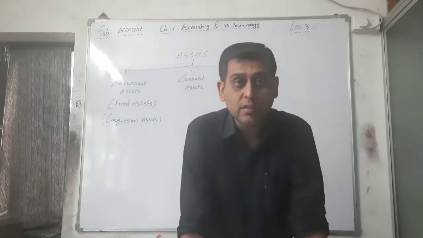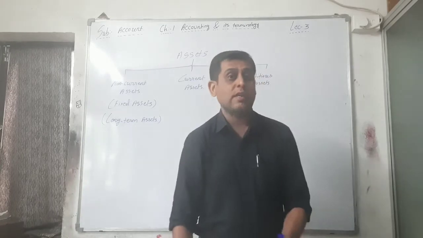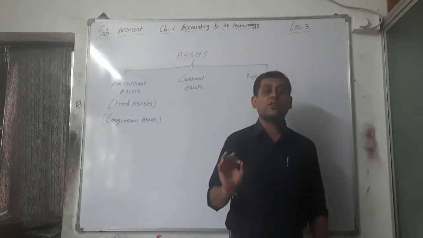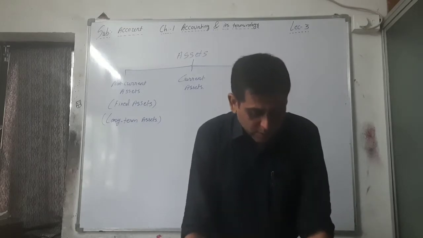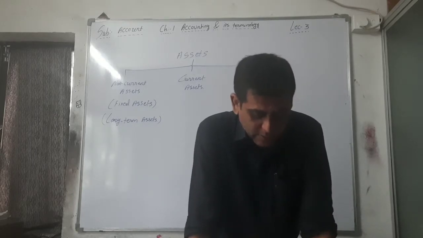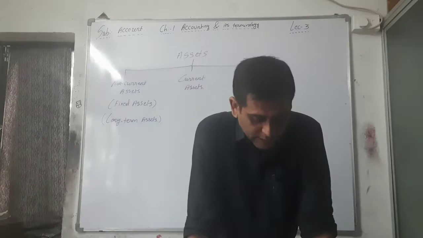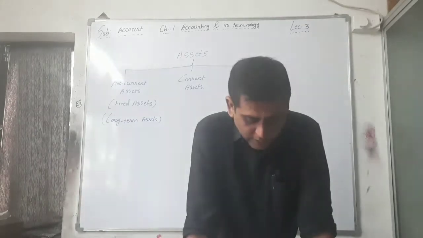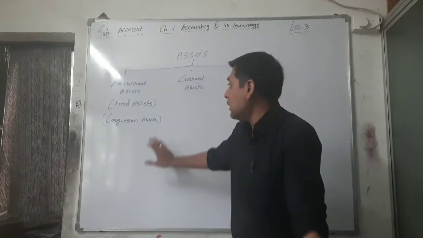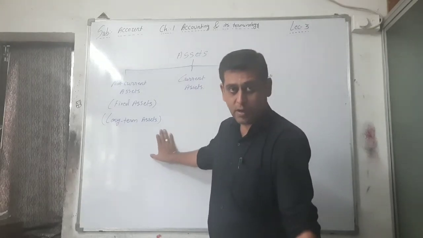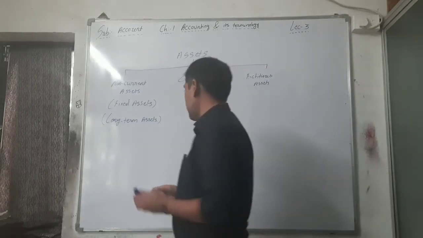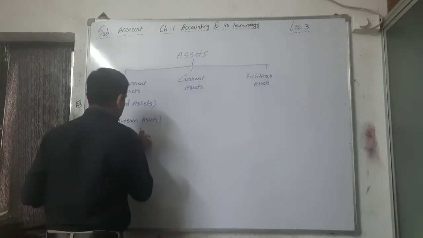We can see them, that means the assets which have physical existence are called tangible assets. Tangible assets can be seen and touched. Tangible assets are a subcategory of non-current assets. See, in the non-current assets there are two kinds. First one is tangible, second one is intangible.